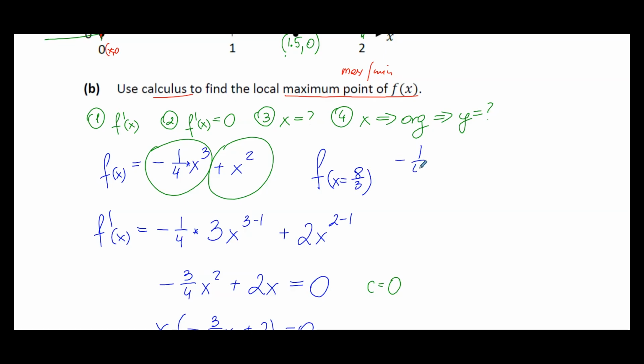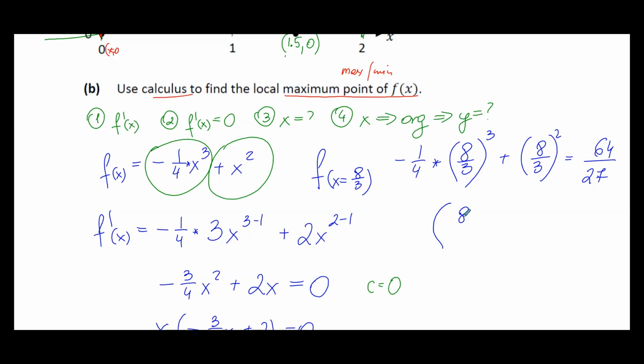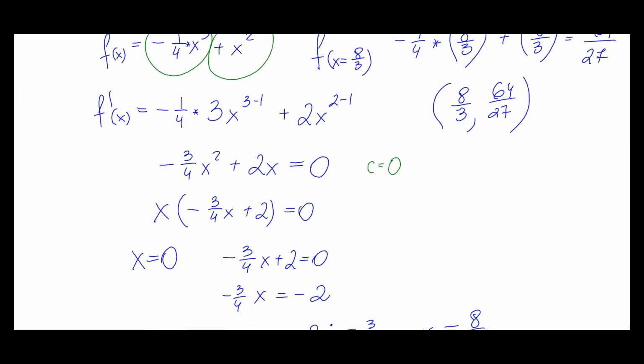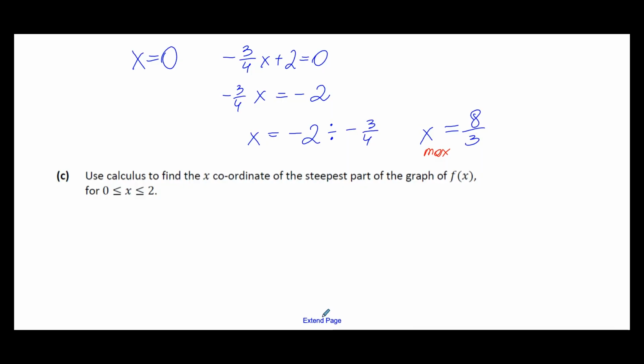So minus 1 over 4 multiply instead of x 8 over 3 to the power of 3 plus, and again instead of x 8 over 3 to the power of 2, and we put that in the calculator and we press equal, and we get 64 over 27. So that is our maximum point, 8 over 3 value of x, and 64 over 27, that's the value of y.